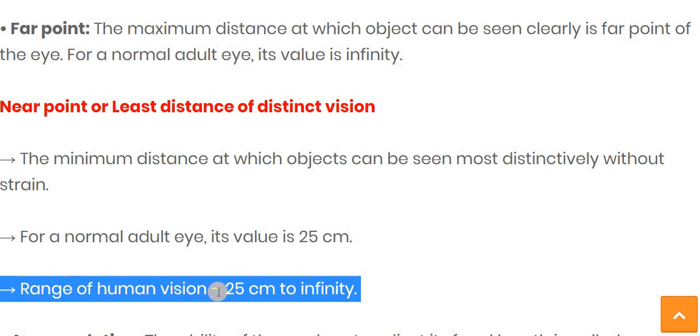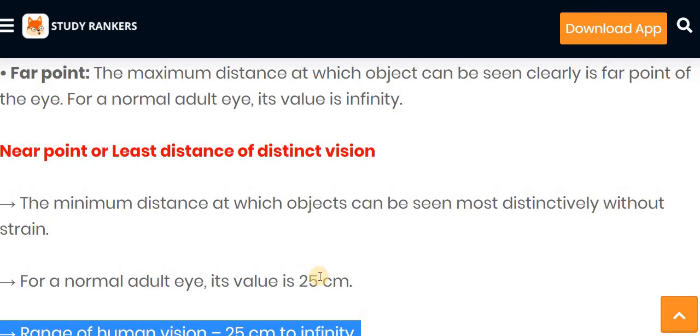It means we consider from the near point to the far point for normal vision. The minimum we can see is at 25 centimeter, which is the near point, and the maximum is infinity, which we consider the far point.